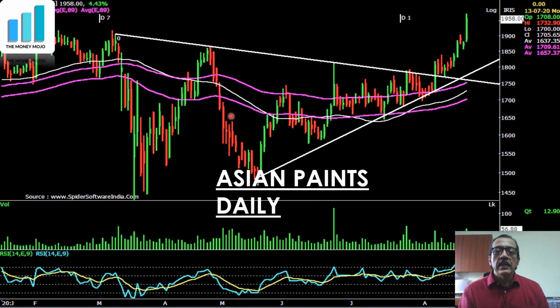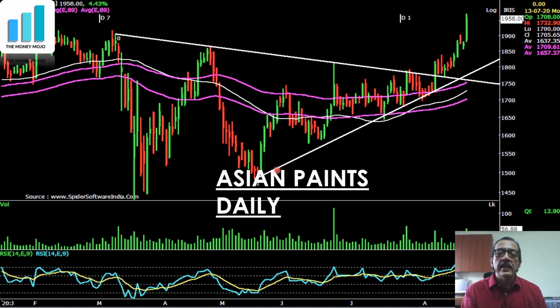When I look at the daily chart, I already know that Asian Paints has been riding along this trend line. And then I see that it went up. I could now draw a downward sloping trend line saying that Asian Paints is finding resistance at these levels, and indeed it has been finding resistance.